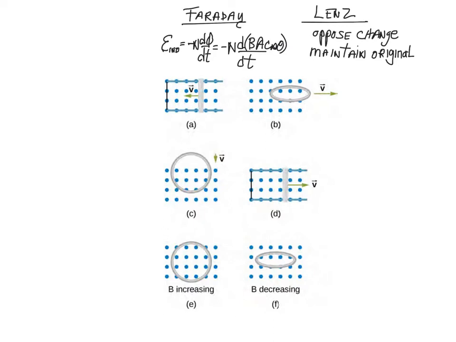So here, the field is increasing, so you want to prevent the increase, so you do want to go clockwise. And if it's decreasing, you're losing dots, you're losing field lines coming out. So you need to go counterclockwise to slow down or prevent the decrease, to oppose the change or maintain the original flux.